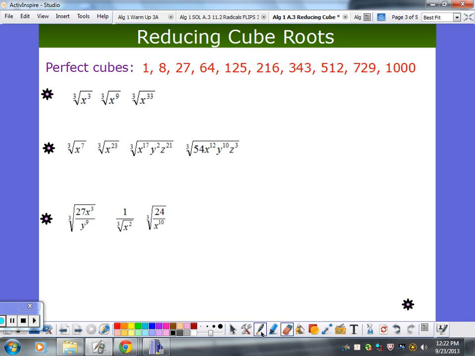Okay, let's try this row right here, because now we're talking about fractions and rationalizing denominators. Cube root of 27x cubed over y to the 9th. What's my first step? Can I have a fraction inside a radical?